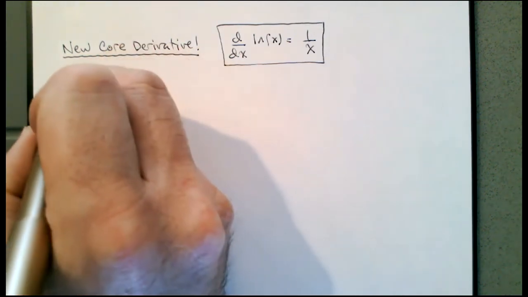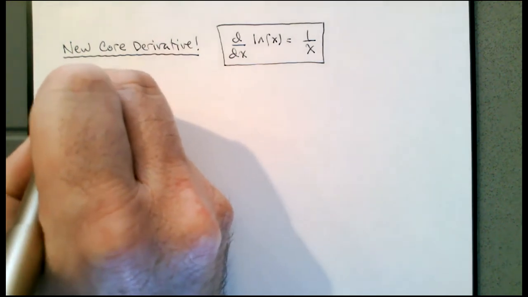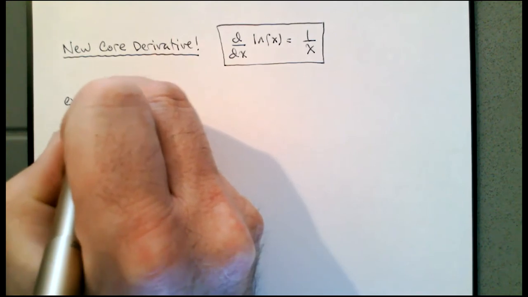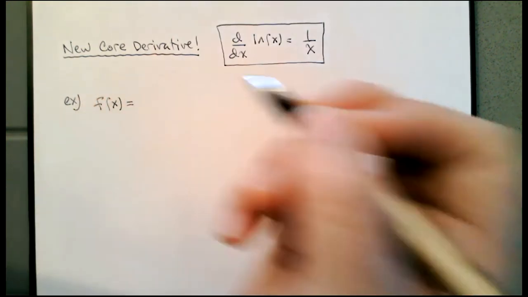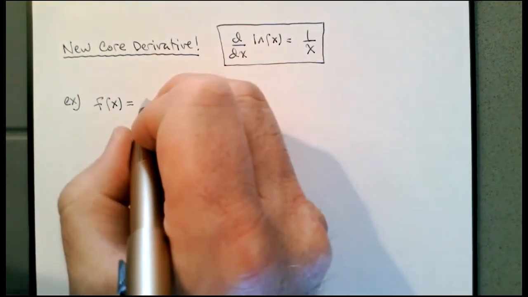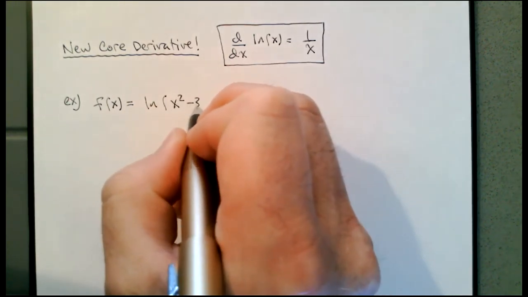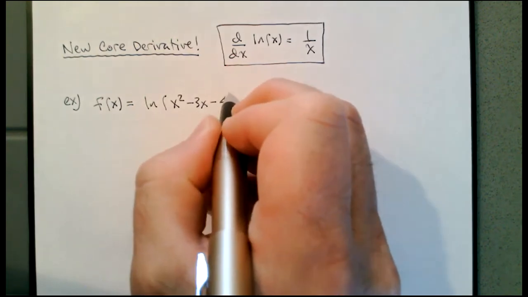Let's say, for example, we want to find the derivative. Oh, let's say f of x. I was using function notation. Let's say f of x is the natural log of x squared minus 3x minus 4.